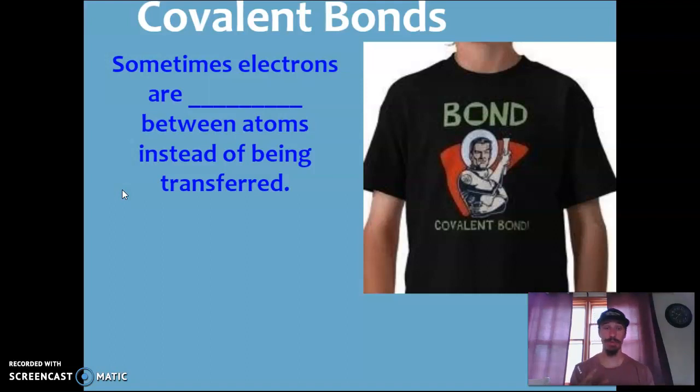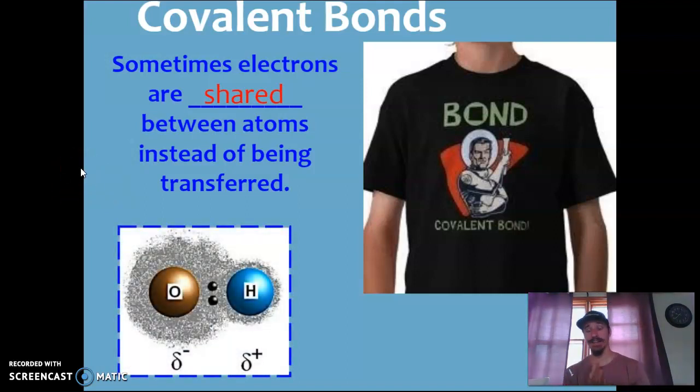Sometimes, between two atoms, electrons are actually shared, which is kind of the exact opposite of the ionic bond, right? Because one atom in the ionic bond was completely stealing or taking the electron from another. But in these covalent bonds, sometimes electrons are shared between atoms instead of being completely transferred.